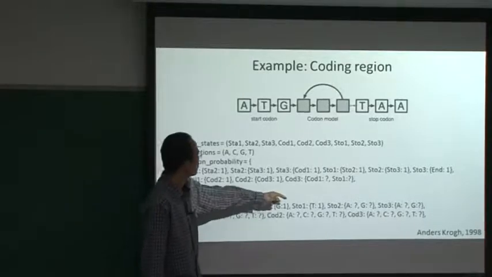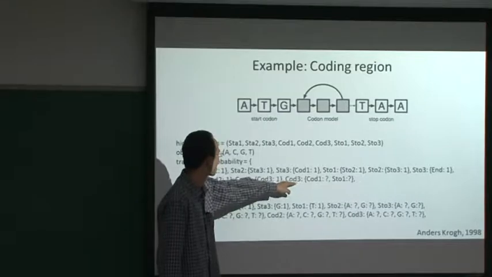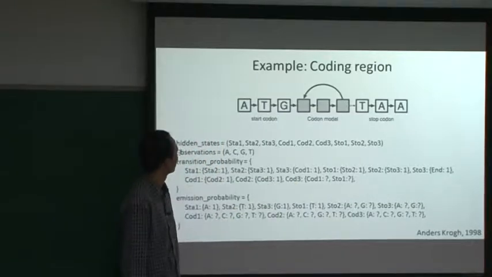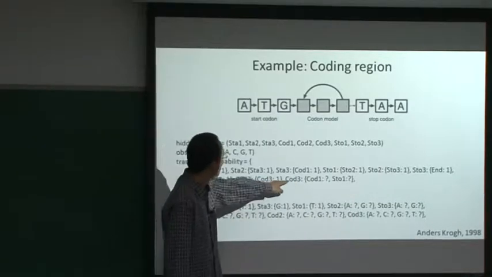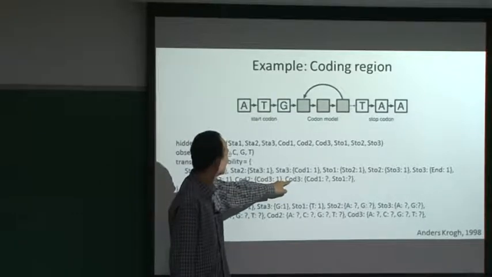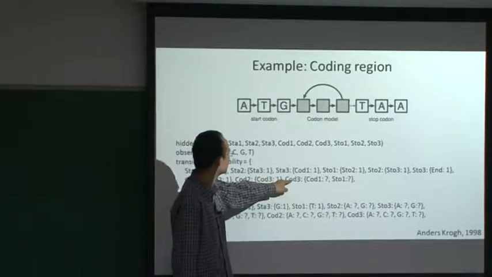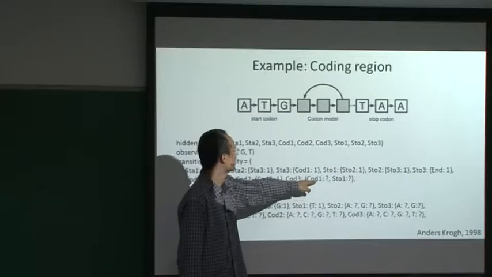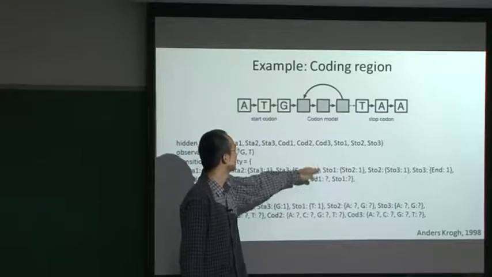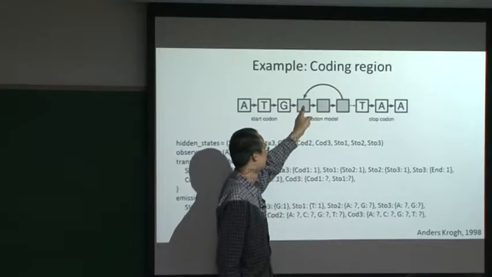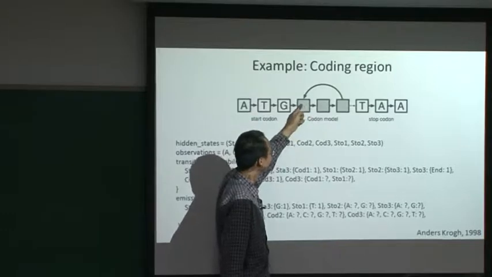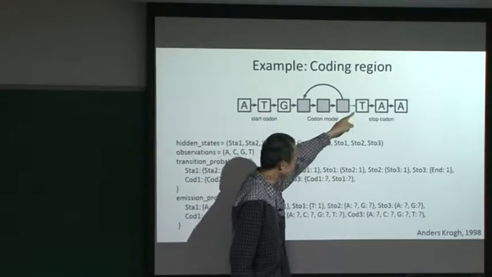What we do not know is that when the base pair is the third base pair of a codon, it may return to the first base pair of a codon, or go to the stop codon.